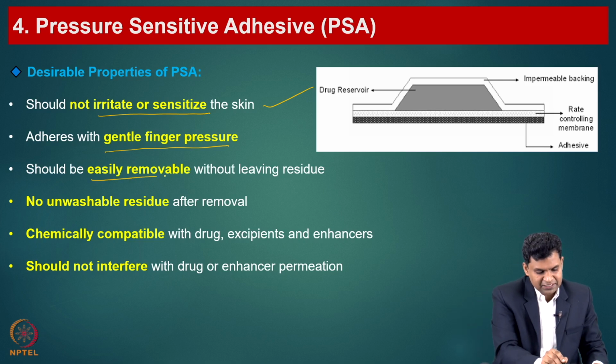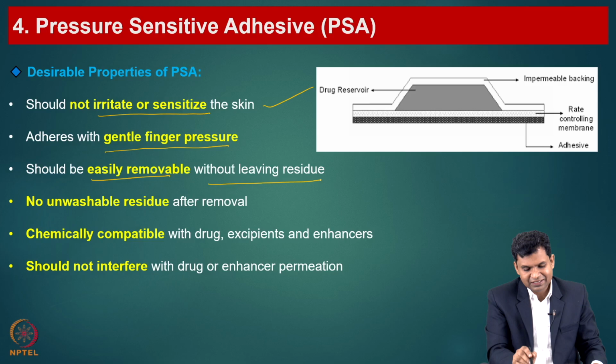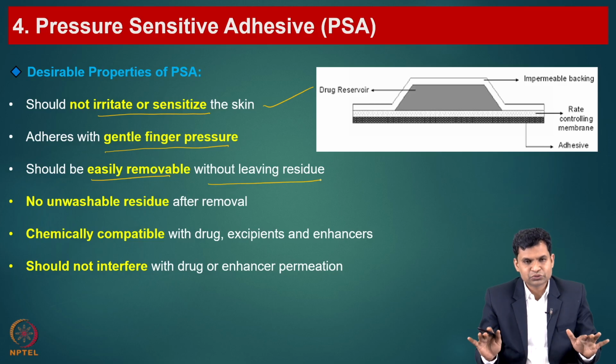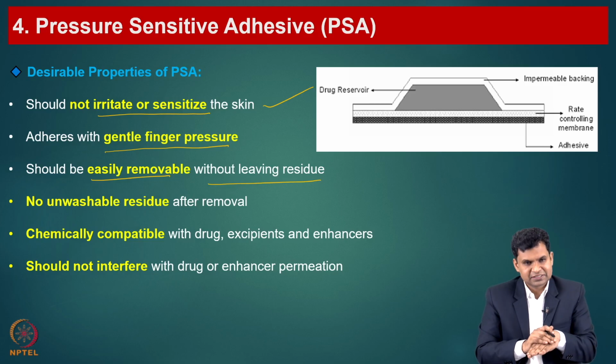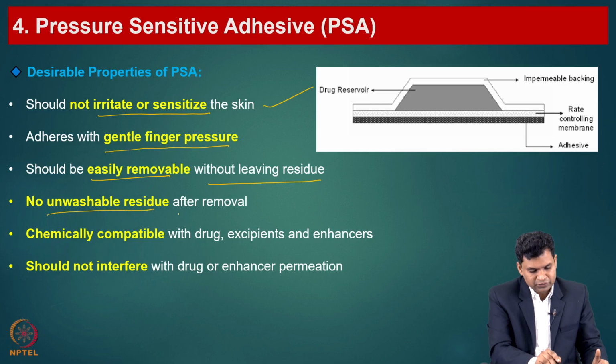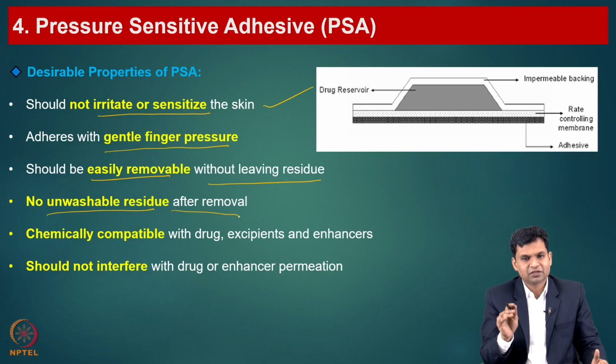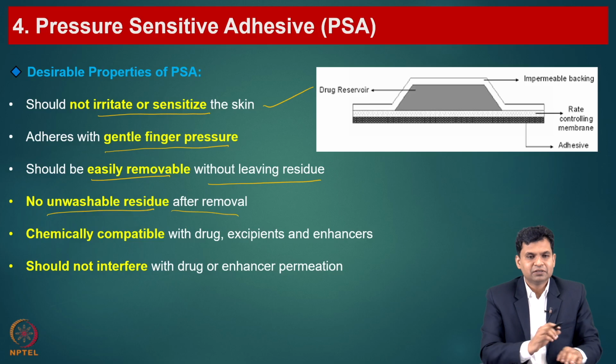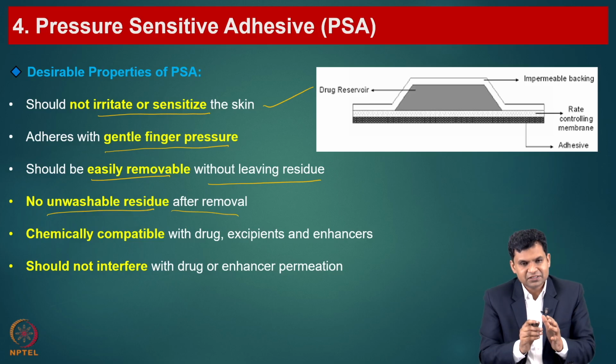It should be easily removable without leaving any residues on the surface of the skin, and no unwashable residues should be present after the removal of the transdermal patch. There are materials that can leave residues.